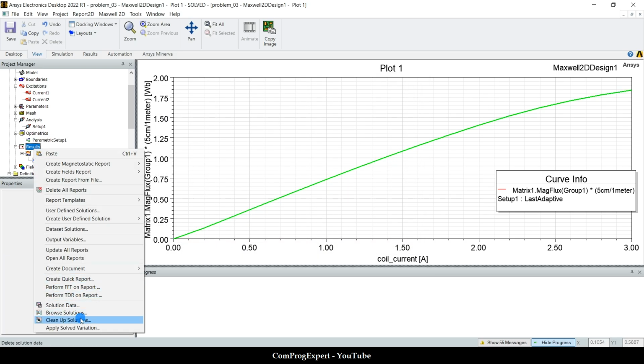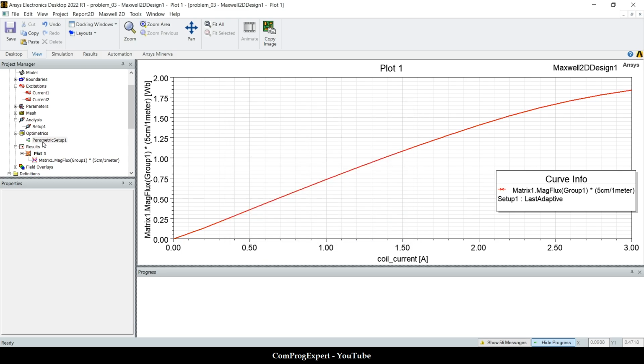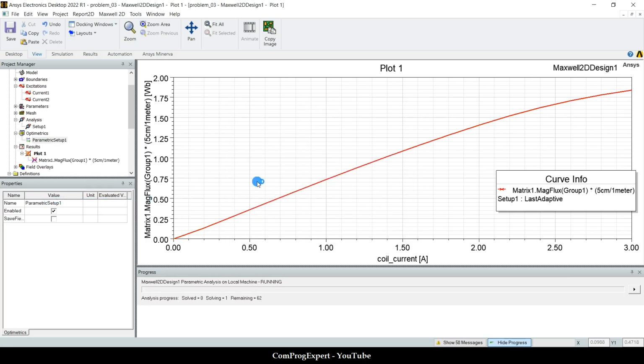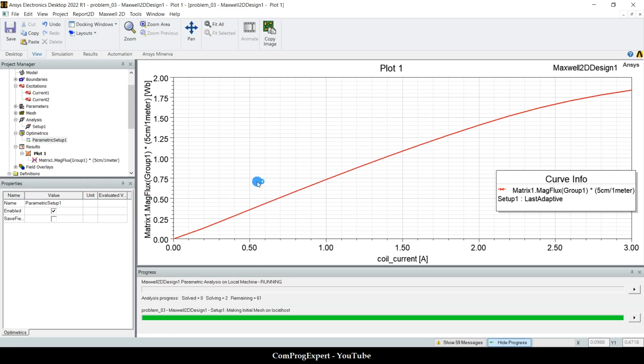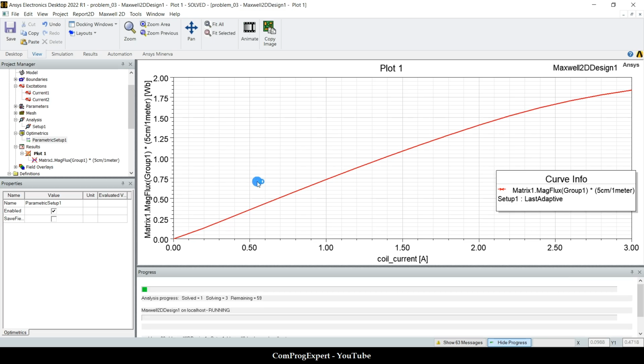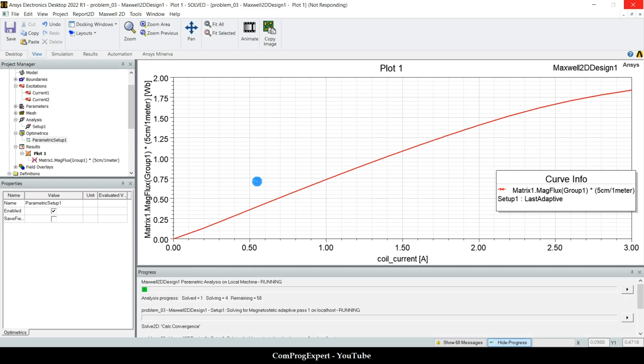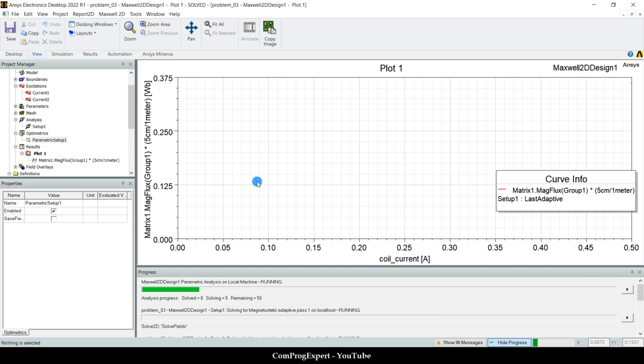So again, clean up the solutions and run this parametric analysis. In this case, we change the value of the air gap thickness and we calculate the flux linkage versus current characteristic.